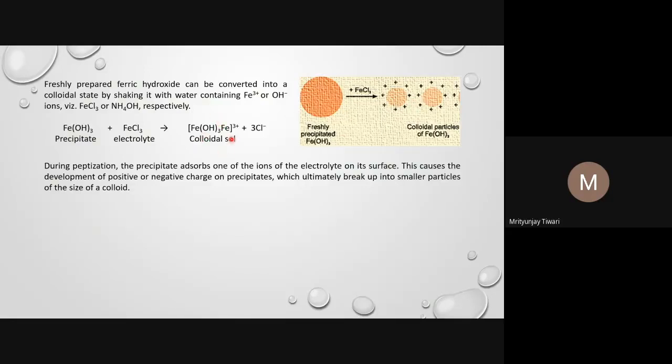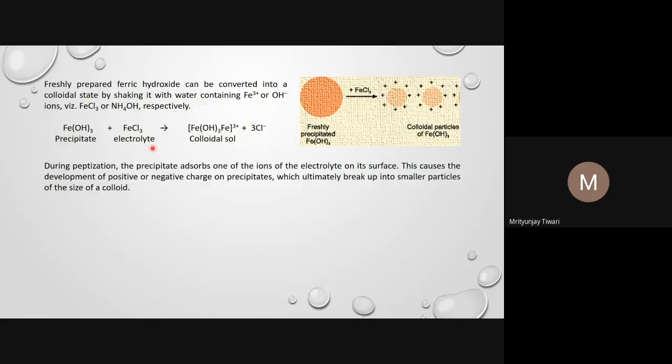And thus we form the colloidal sol. These colloidal particles are positively charged in this case. And if OH- ions get adsorbed, in that case the colloidal sol will contain negative charge on it.